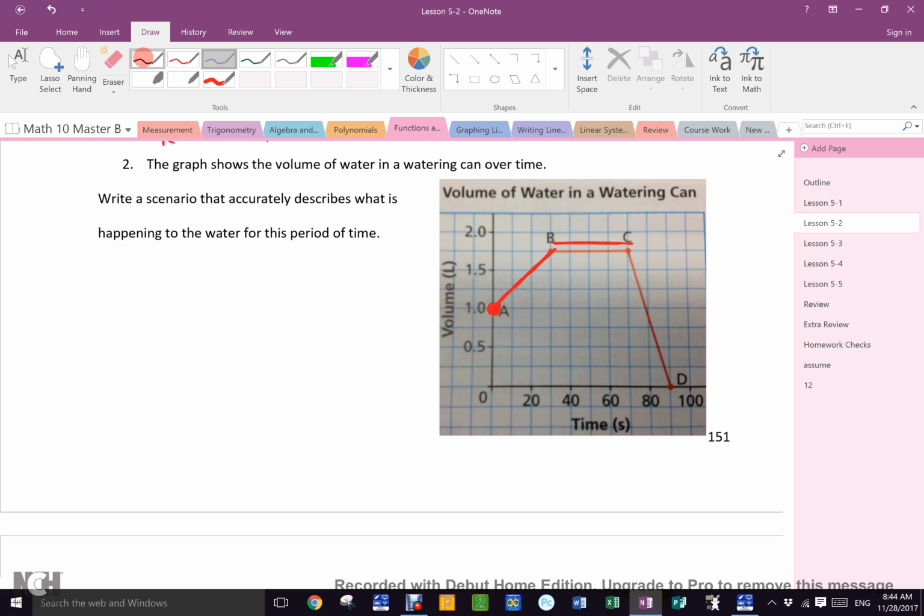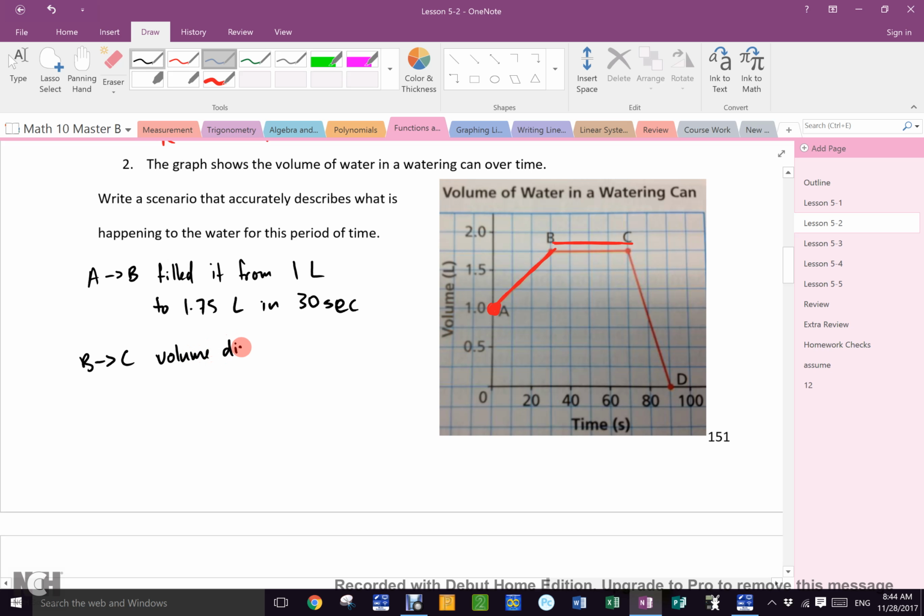But to minimally meet expectations, A to B, we filled it from 1 liter to 1.75 liters in 30 seconds. Right? From B to C, the volume didn't change.